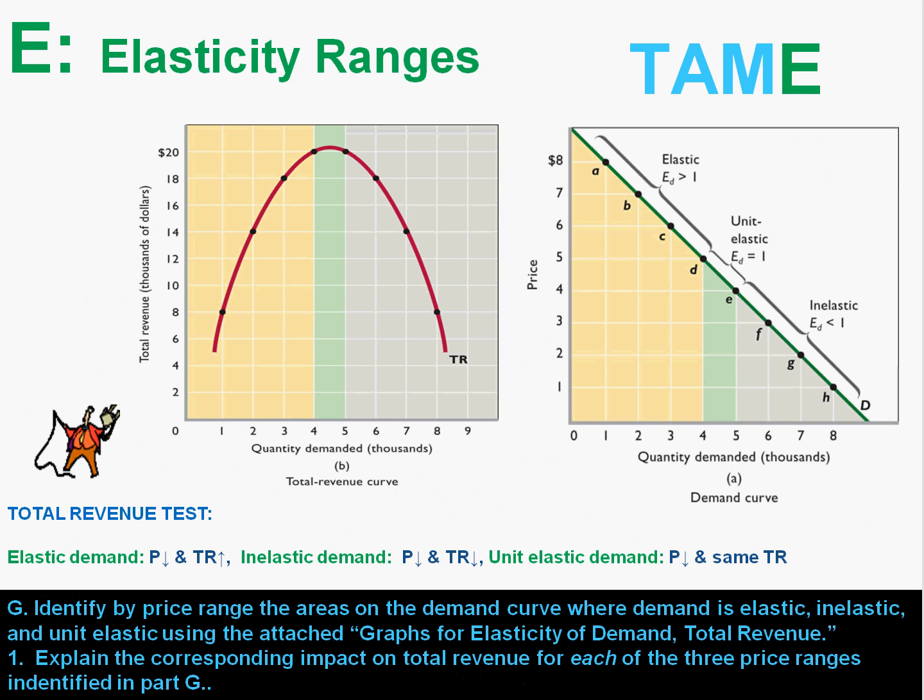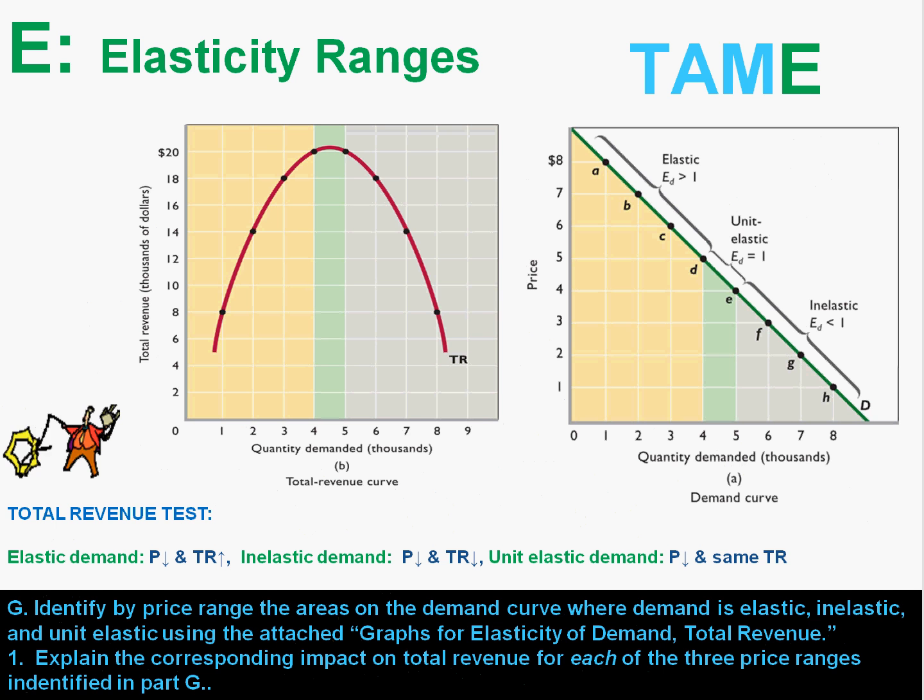Now, when you do your task element related to this, element G, you are not to use figure 4.3 from the McConnell text. Rather, you are to use an uploaded document from TaskStream. The charts are similar, but the axes variables are different. So it's critical that you pay attention to that detail.